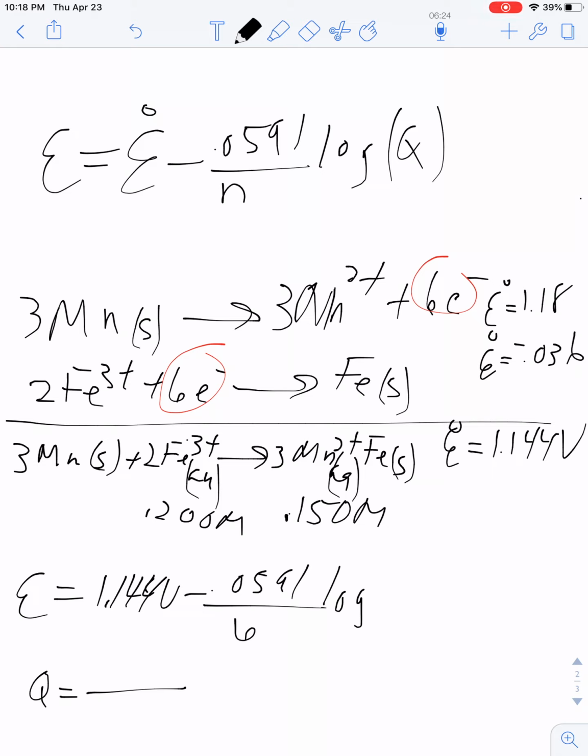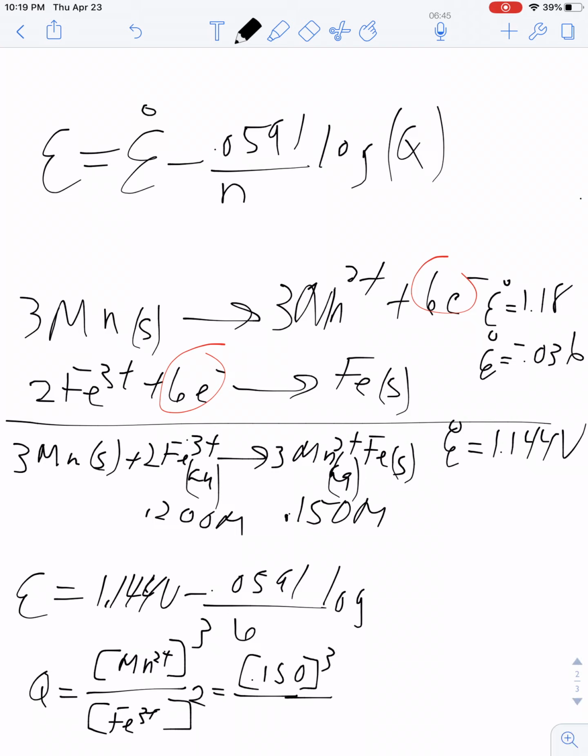So we are just looking at the concentration of manganese raised to a power of 3, over the concentration of iron raised to a power of 2. So Q is going to be 0.15 raised to the third power over 0.2 raised to the second power.